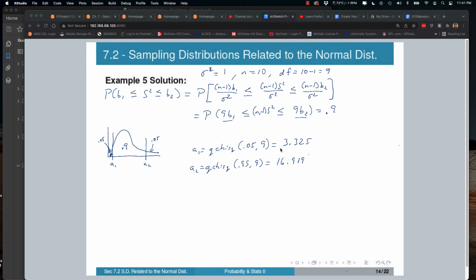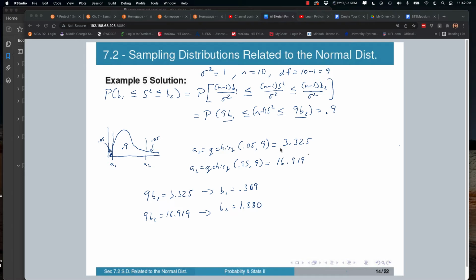Okay, so setting 9b1 equal to the a1 value of 3.325, the lower bound, and solving that, and then 9b sub 2 equal to 16.919, and solving for b sub 2 here, we should get that b sub 1 equals 0.369 and b sub 2 equals 1.880.